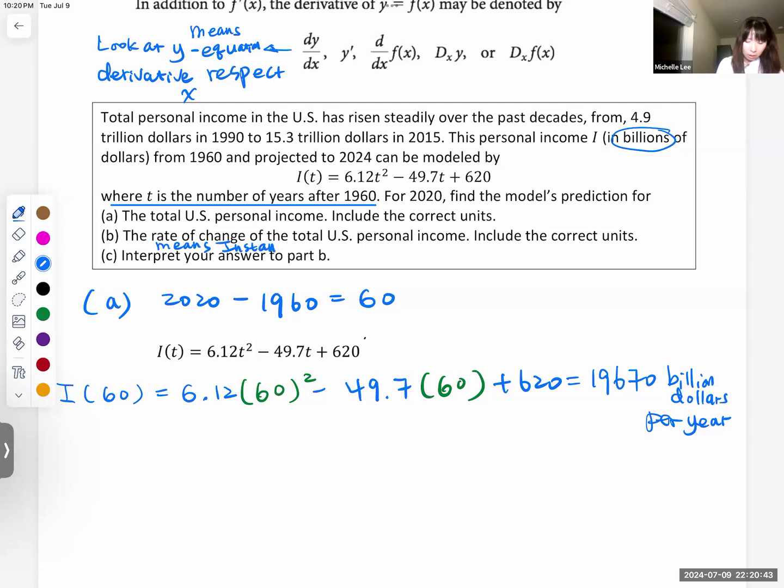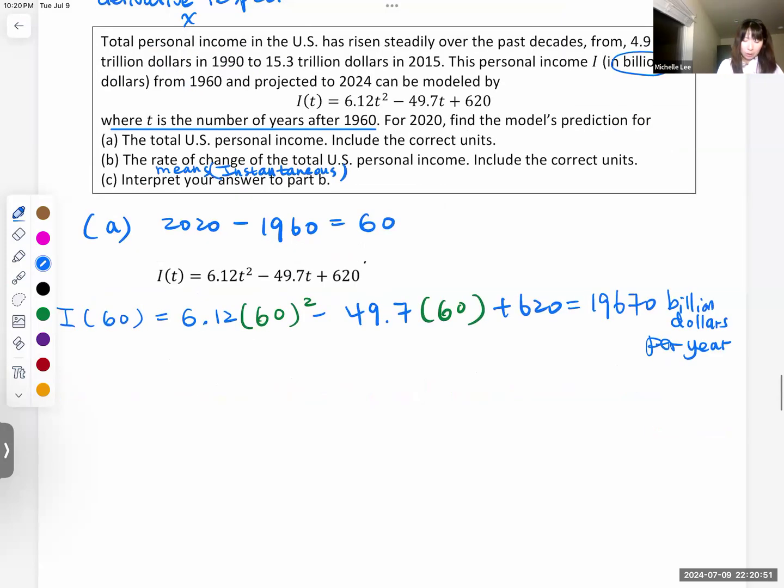All right, second part, if we want to know about the instantaneous rate of change, then we want the derivative of I, right? So I prime of t, or we can express it as di over dt, right? So we're looking at the I equation and the derivative with respect to t.